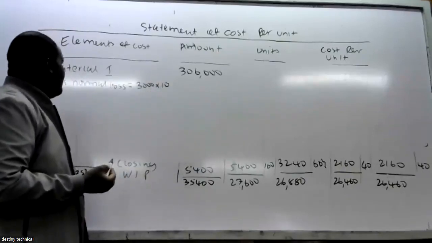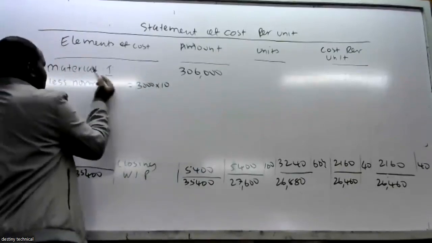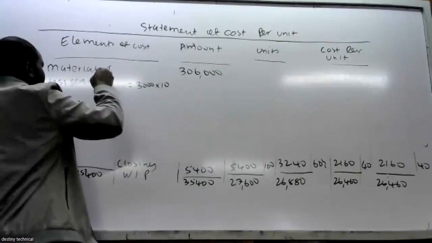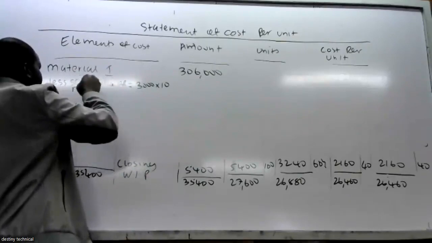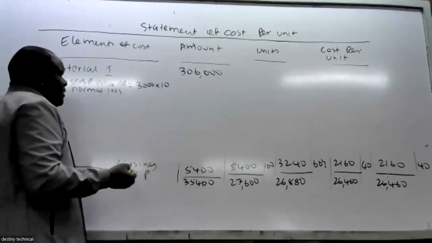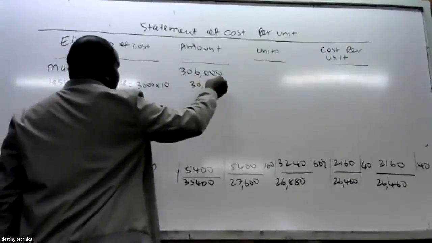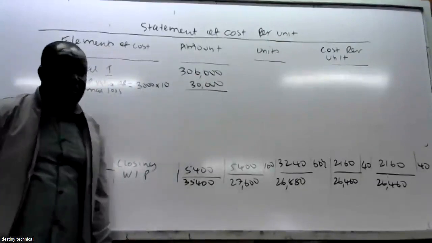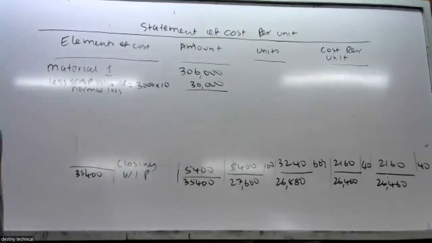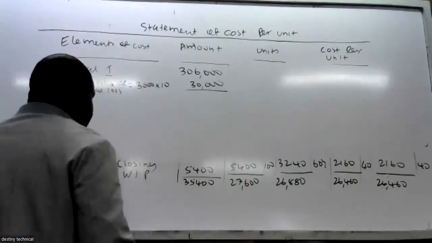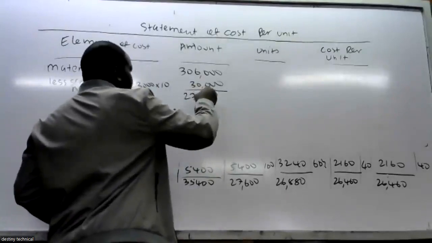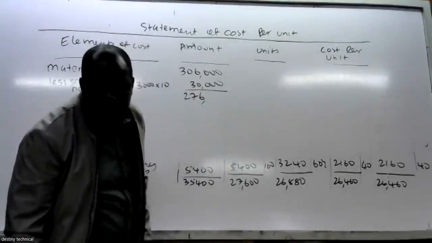So we subtract the scrap value of the normal loss, which is 30,000. When you subtract, you get 276,000.